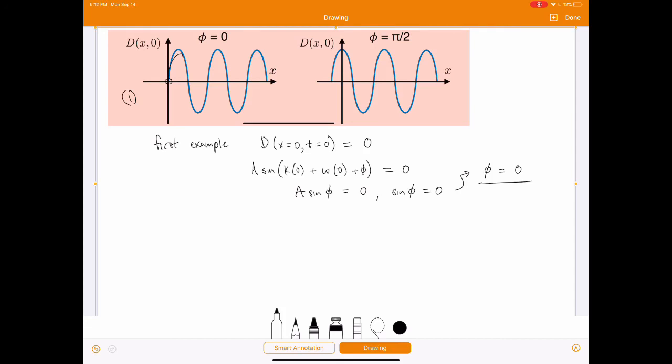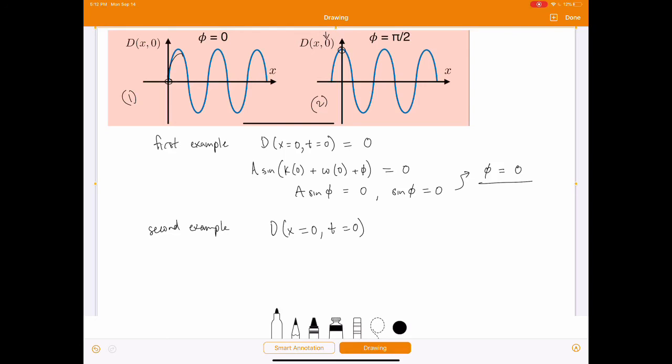On the other hand, in the second example, number 2, we'll play the same kind of game where we have d at x equals 0 and t is equal to 0, and then from the graph, we'll determine what that is. So again, we're already looking at time is equal to 0. We just need to look on the x-axis and choose x is equal to 0.